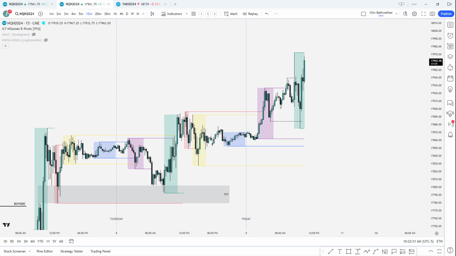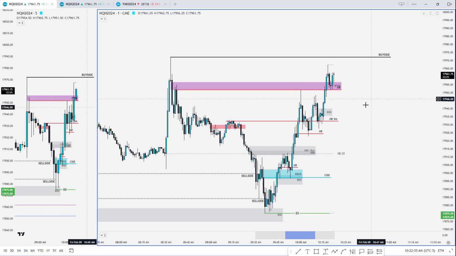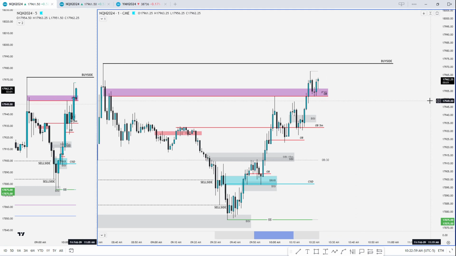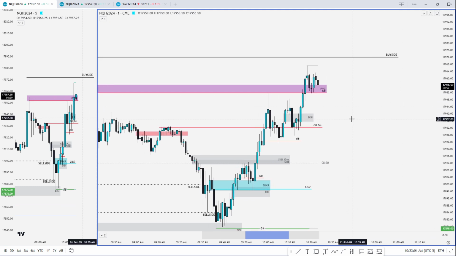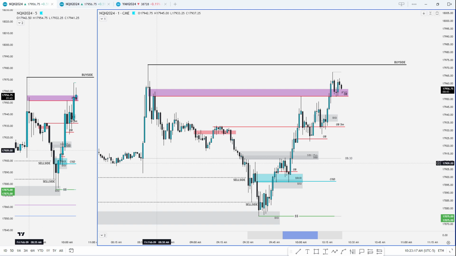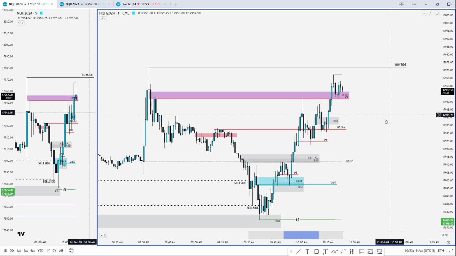It's similar, basically going into 9:30 and then 9:30 reverses. So beautiful respect there of the IFVG order block. Same thing here.